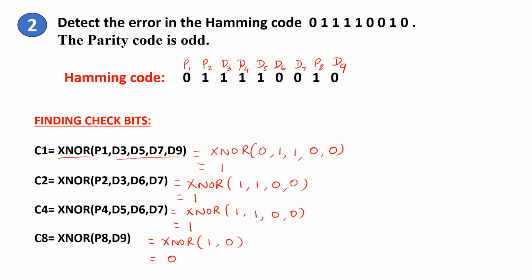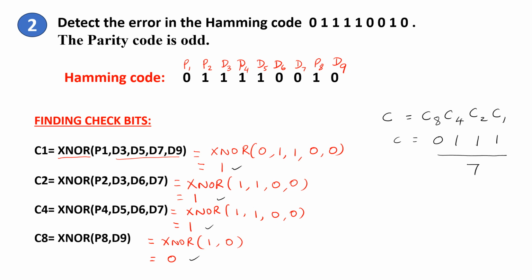Next is the check word. C can be written as C8, C4, C2 and C1. So the value of C8 is 0, and C4 is 1 and C2 is also 1 and C1 is 1. So the decimal equivalent of 0111 is 7.